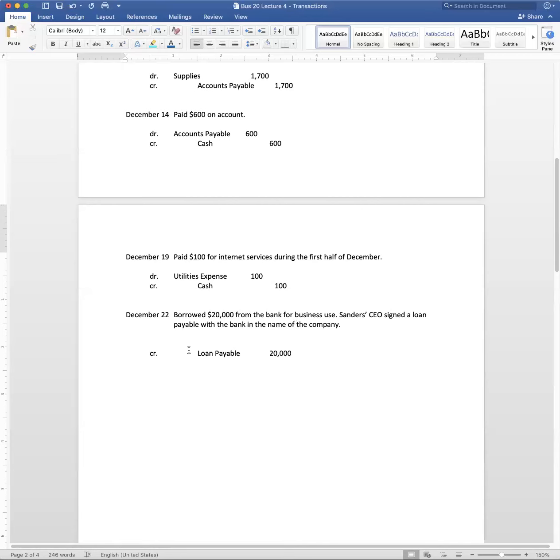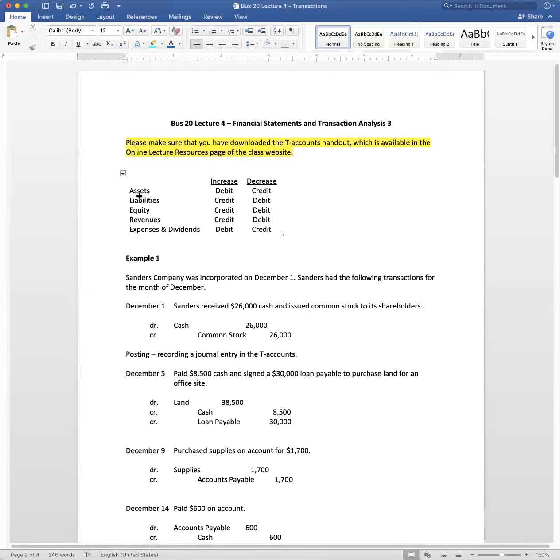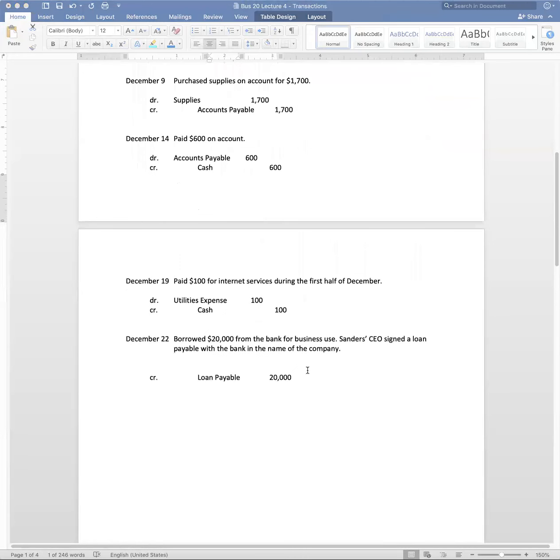So the other side of this is that the company is receiving cash, right? Cash is an asset. We're receiving the cash, so that is a debit. All right, so let's put this in here. So now we have a debit to cash and a credit to loan payable for $20,000.